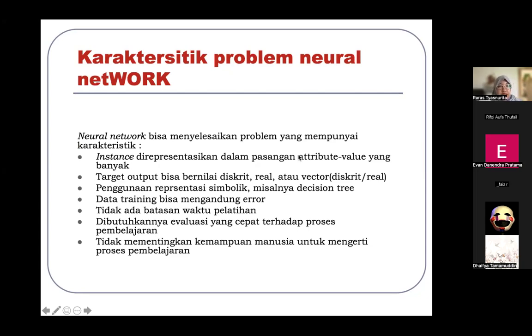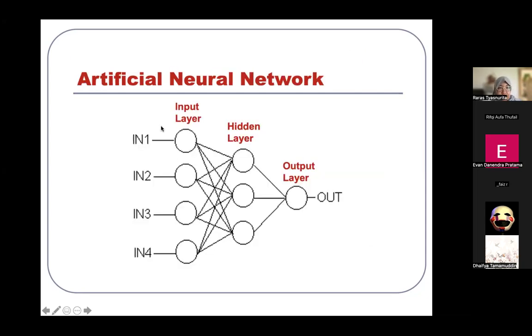So we have this, the architecture of the neural network. Sometimes people call it multi-layer, right? But multi-layer has two meanings. Is it multi-hidden layer, or multi-layer, which means input, hidden, output?